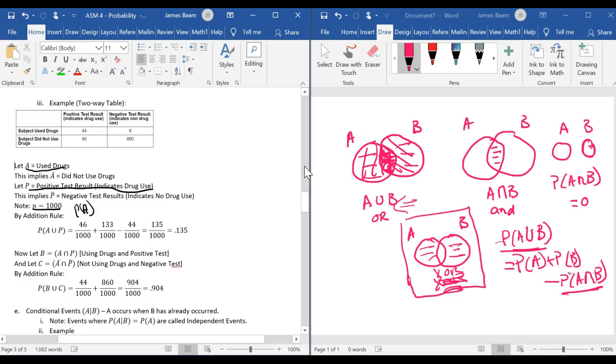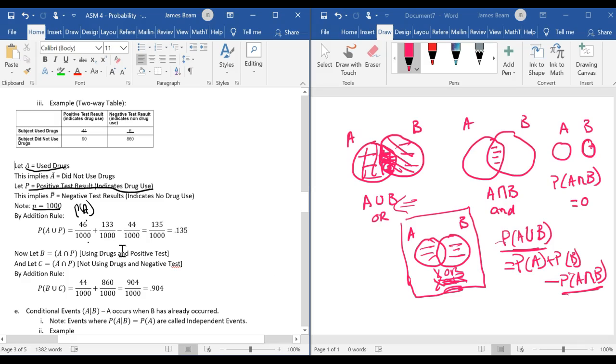The probability of A is going to be 46 out of 1,000 are drug users. This is the probability of testing positive, 44 in 90. Should be, whoops, that's not right. 134.